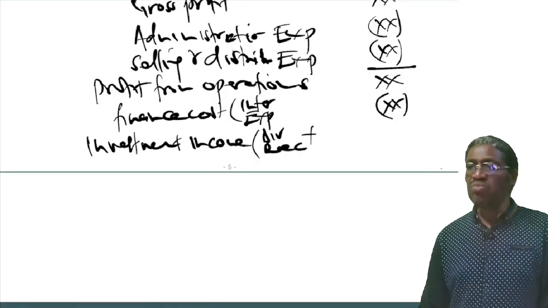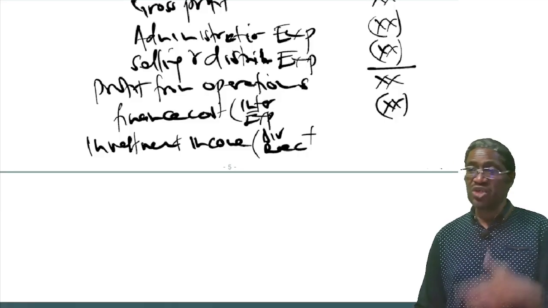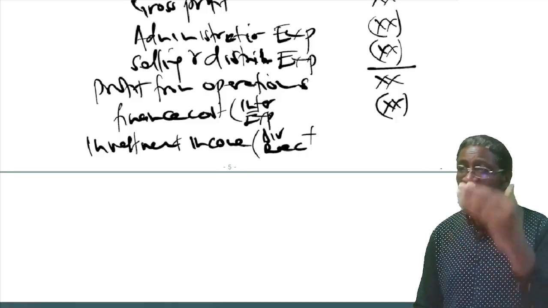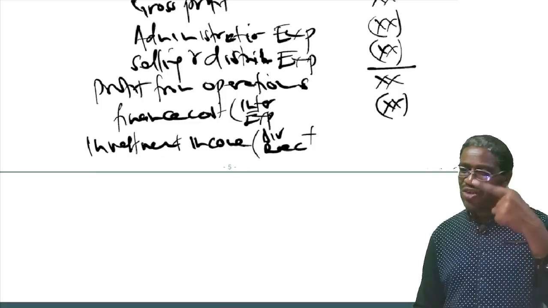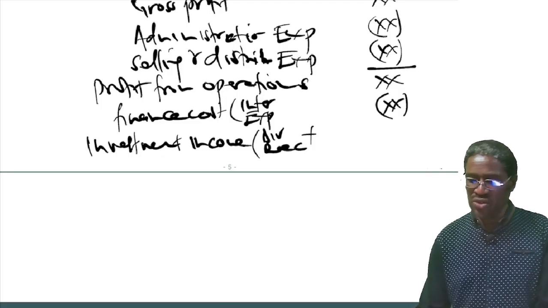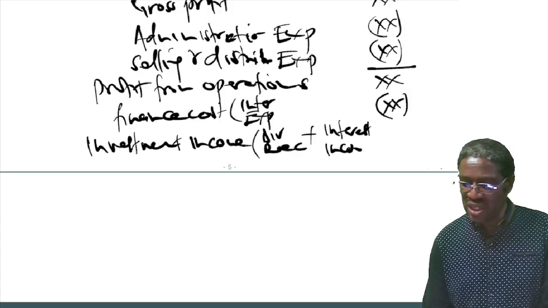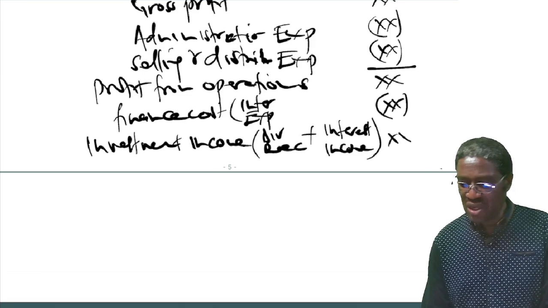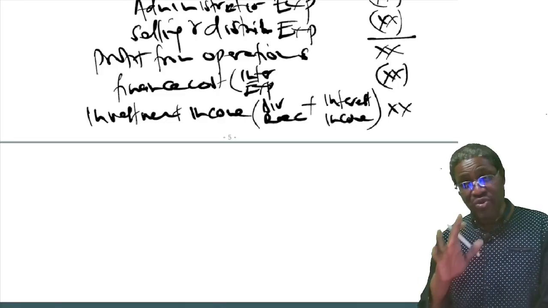Or it could be you have put some money in a fixed deposit, or maybe you have bought some treasury bonds and they are giving you interest as an income, not paying. So another example of an investment income could be interest income. Whatever it is, you add. That is an income you add.